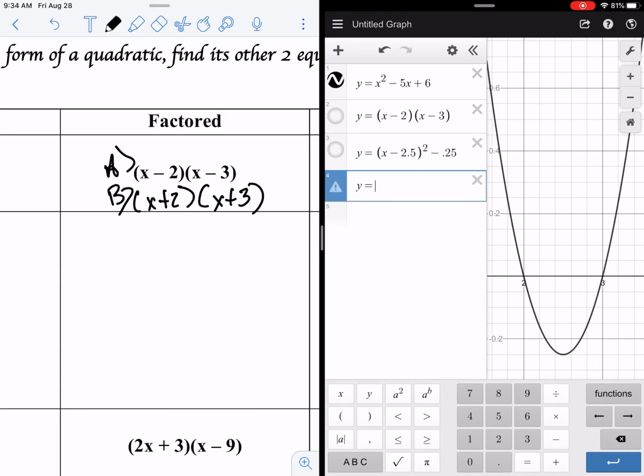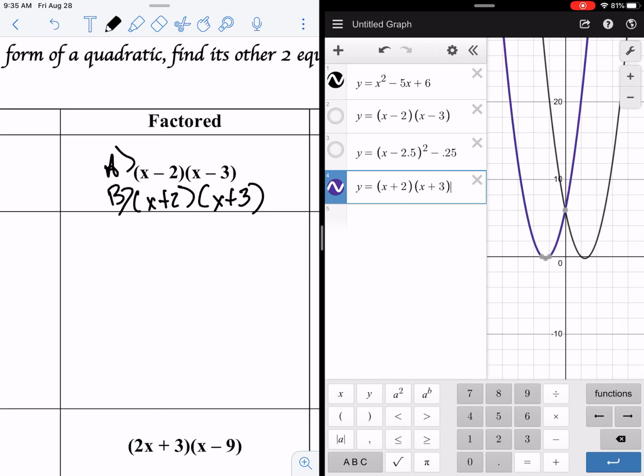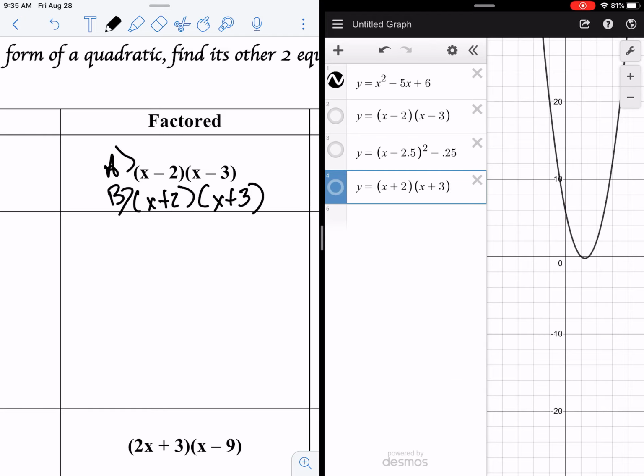So I'm going to go y equals x plus 2 times x plus 3, and I should get a graph. You can see the graph I just typed in, the purple one, is to the left of my original.